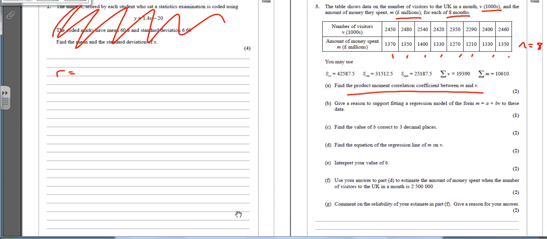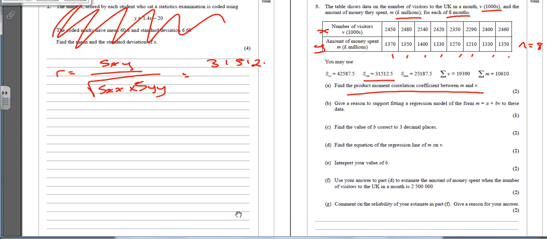So the PMCC, which gives us a value r, is Sxy over the square root of Sxx times Syy. Now here, that's going to be x, that's going to be y. The top is almost always x and the bottom is almost always y. Therefore, we're looking at Sxy. The writing is a little bit small here, so apologies.